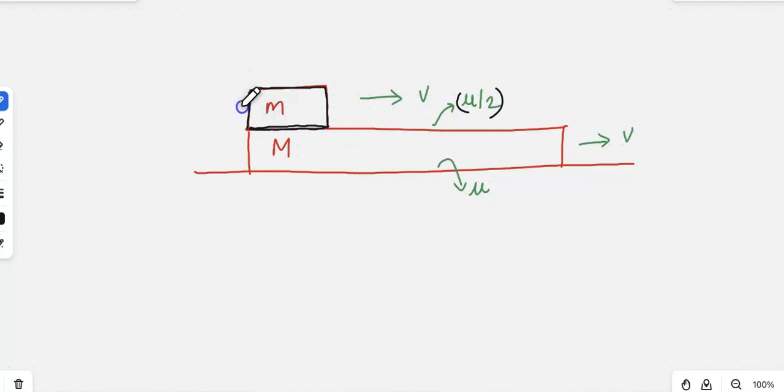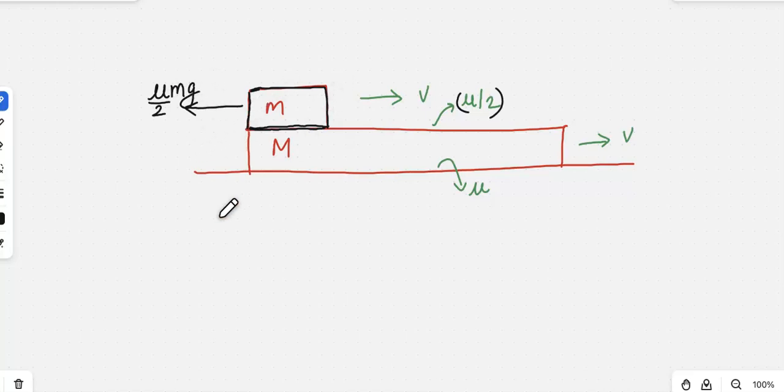Now that limiting friction will be towards left, and that value will be mu times normal reaction. Sorry, it will be mu by 2 mg because the coefficient between them is mu by 2, right? So there is no right direction force, but still it has to go towards right because it has an initial velocity v. It is like a deceleration.